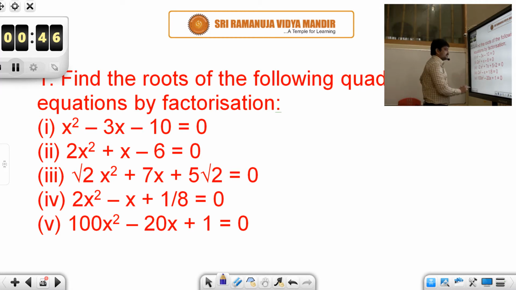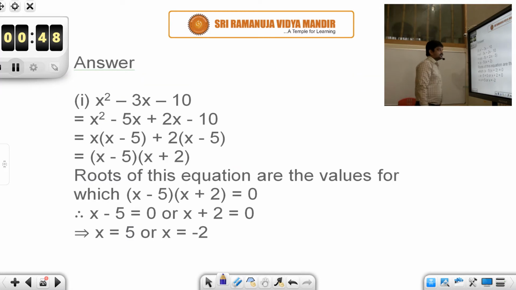The first question is x square minus 3x minus 10 is equal to 0. See how to apply this method of factorization. What you need to do is look at the constant term.